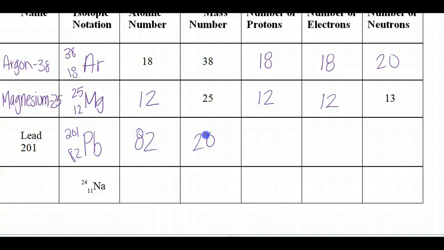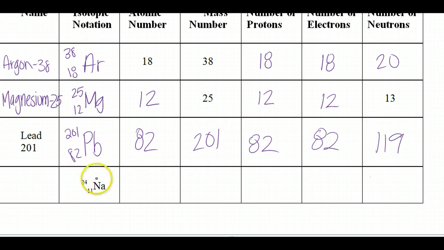And we're given the mass number in the name. My atomic number is the same thing as my number of protons. I'm not given information about the charge, so I assume it's neutral. And to get my number of neutrons, I'm just going to take that mass number minus my number of protons to give me 119 neutrons.